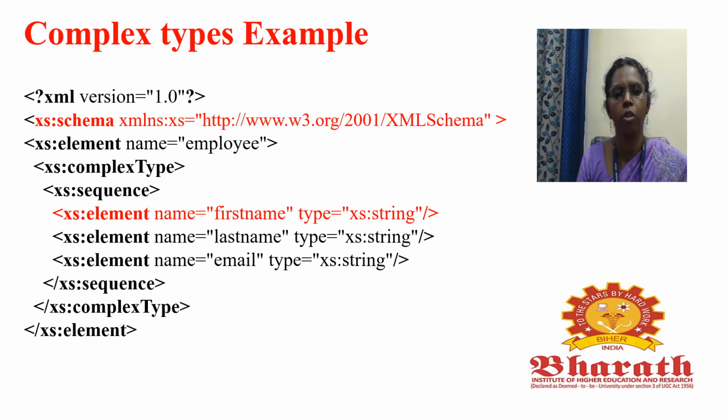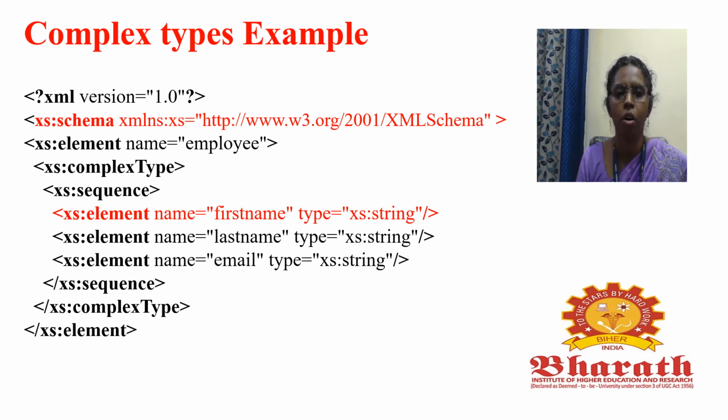This is an example of a complex type schema. XML version 1.0, then here we define one schema, xs. That xs belongs to this URL. Here we are defining one element that follows the XML schema. The name of the tag is employee.